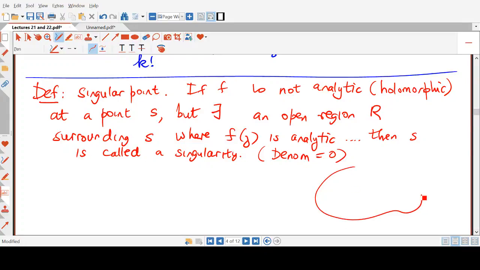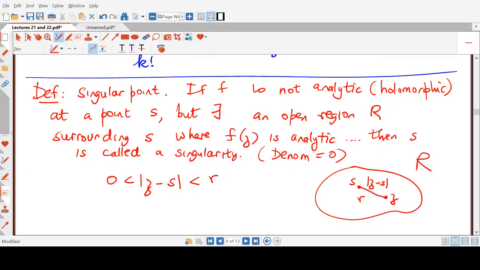So you have a certain region R, and you have this point z0, or let's call it S. It's changing the names all the time here. For this theorem, we're calling it S. So z could be some other point, and the radius, let's say, is R there. Another way to express the radius is z minus S. So we can say the absolute value of z minus S is between 0 and R. This region is called a punctured disk.